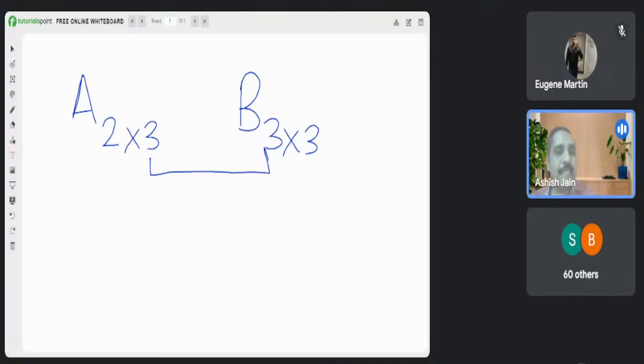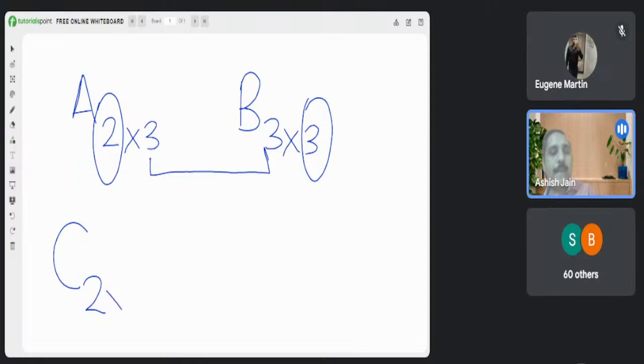Here, the number of columns of A is 3 and number of rows of B is 3. That means I can multiply these two because they are matching. And what is the dimension of the new matrix? The dimension of the new matrix, say C, is number of rows of A and number of columns of B. So नया matrix क्या बनेगा? 2 rows 3 columns का बनेगा. Is it clear? Is this thing clear? Yes, sir.